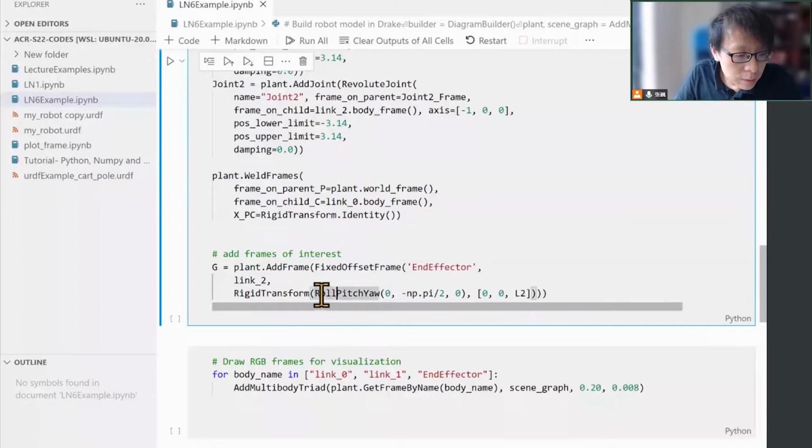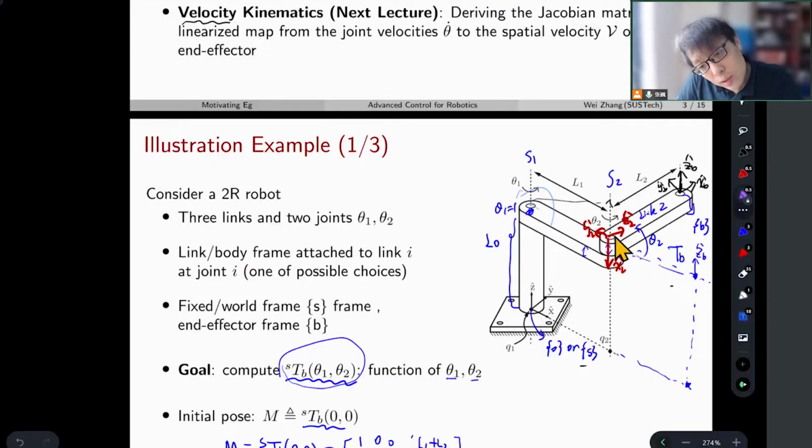And the transformation about link 2, if you think about these are the dimensions, these are the body frame. See that this is the body frame of link 2. What do you think about this B frame? So I think it's rotate about Y by half pi, right?